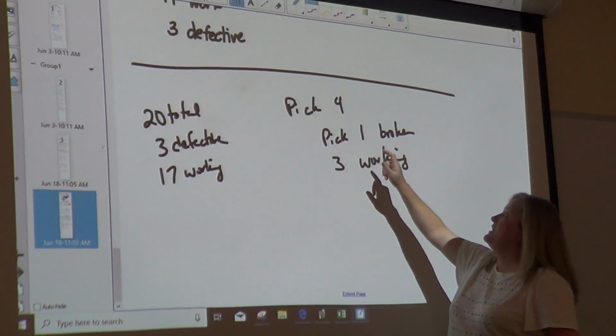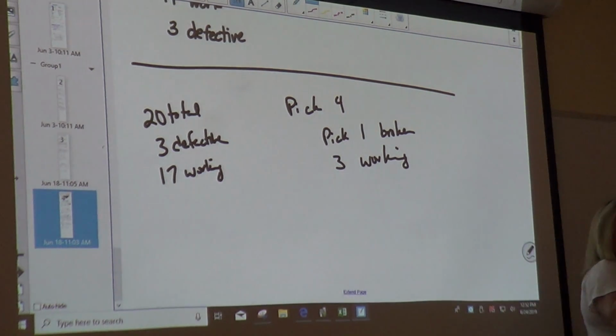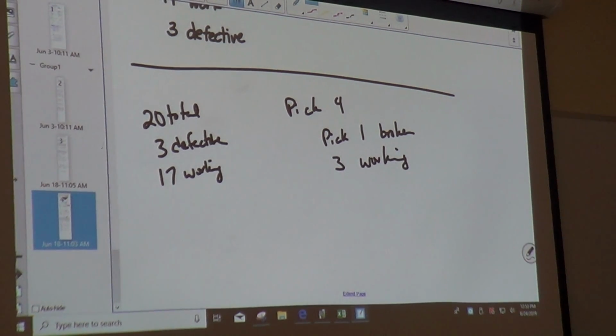What if I wanted to pick 4, like I was doing before, and I want to pick 1 broken and 3 working? So 20 total, 3 defective, 17 working, and I still am going to pick 4, but I'm picking 1 broken and 3 working. What is the probability of that happening?